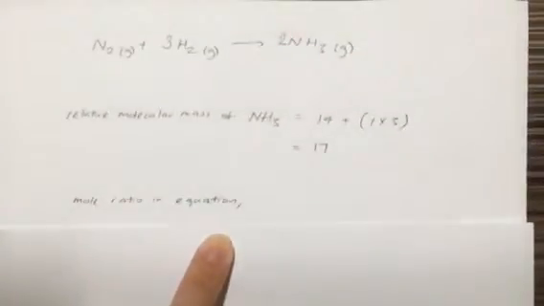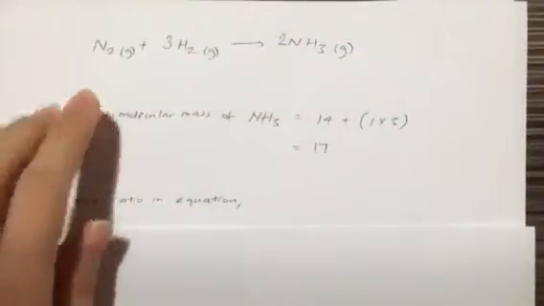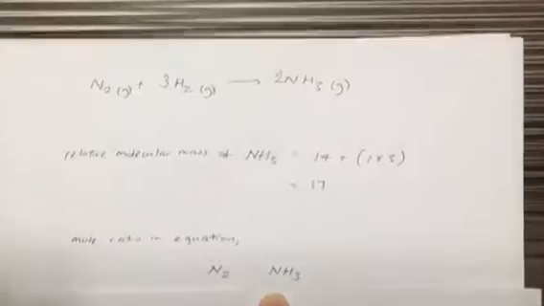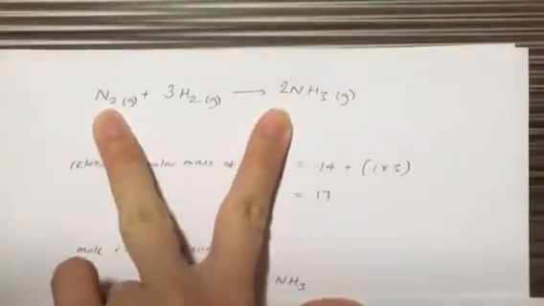So if we go by mole ratio in an equation, and we compare nitrogen and ammonia, because they want us to find the volume of ammonia, the mole ratio is 1:2.